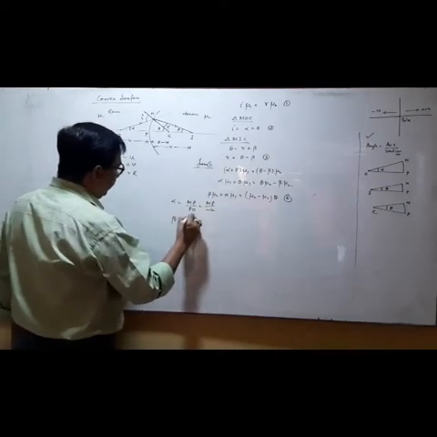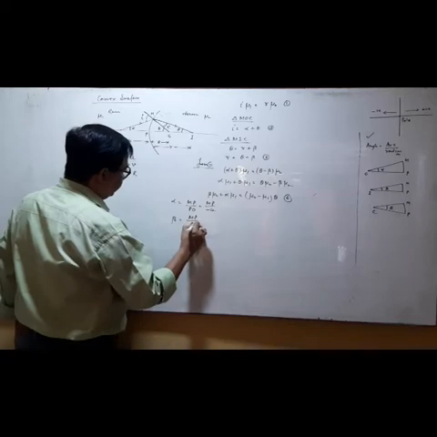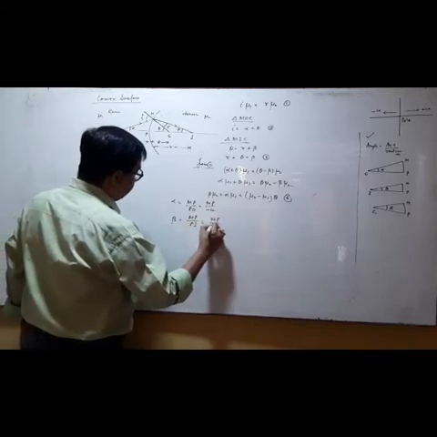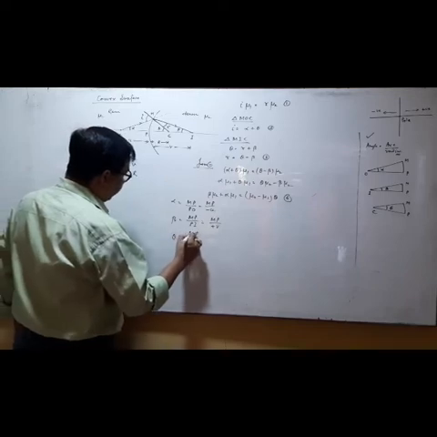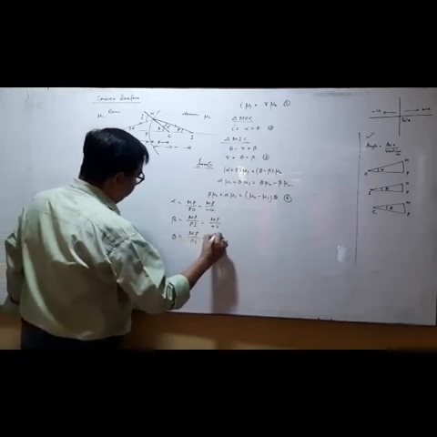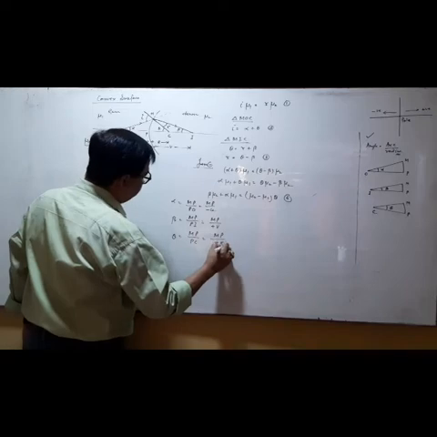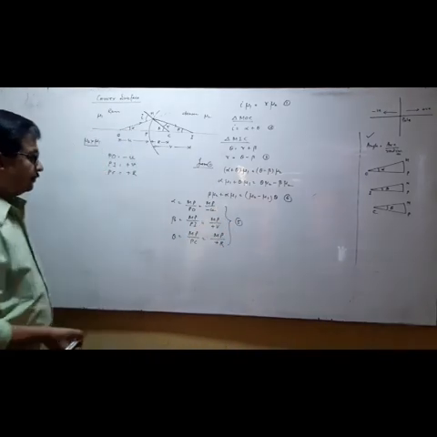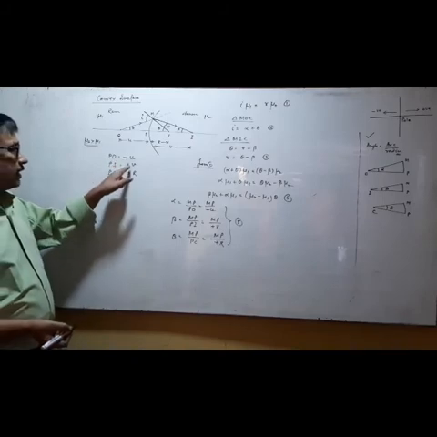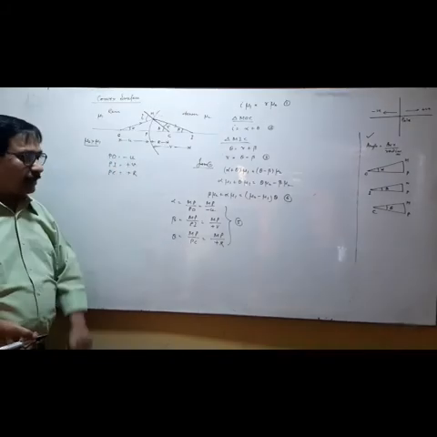Beta is equal to MP by PI, that is MP by plus v, and theta is equal to MP by PC, that is MP by plus r. So u is minus and both others are positive. So this is the relation.